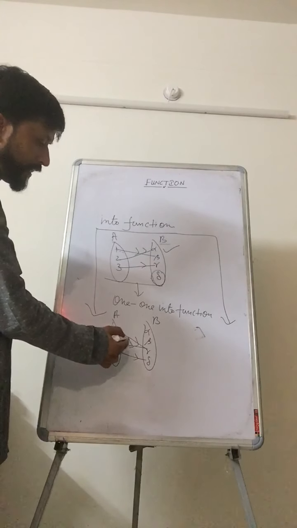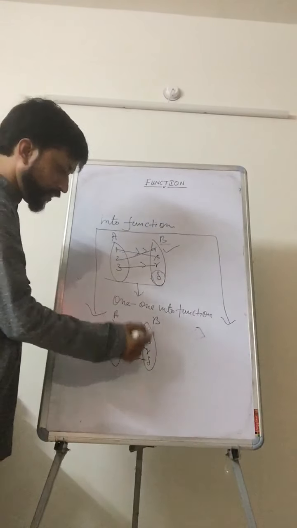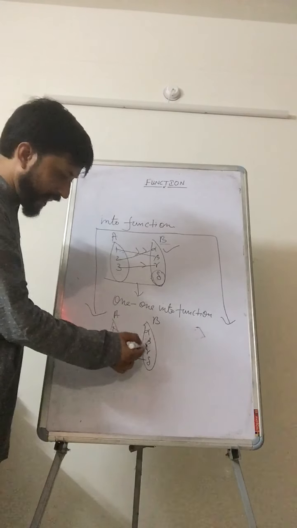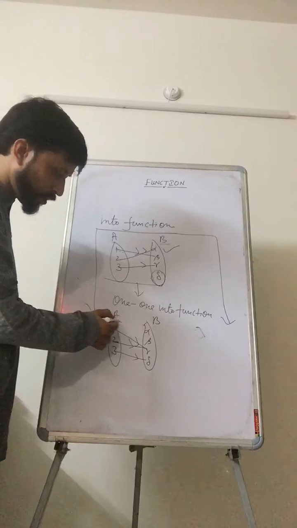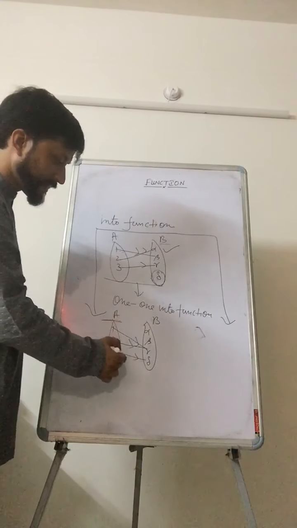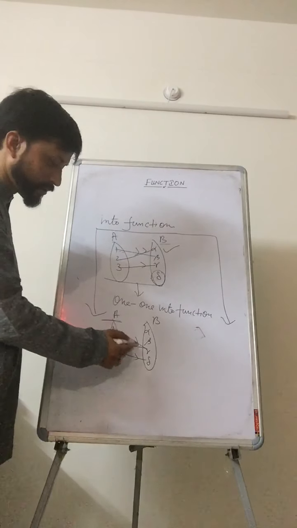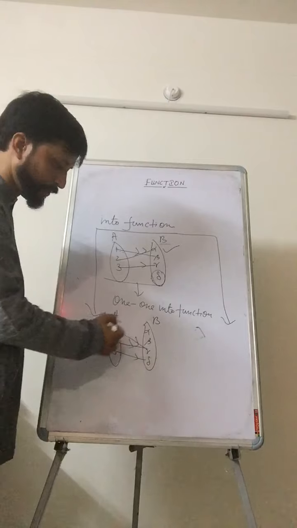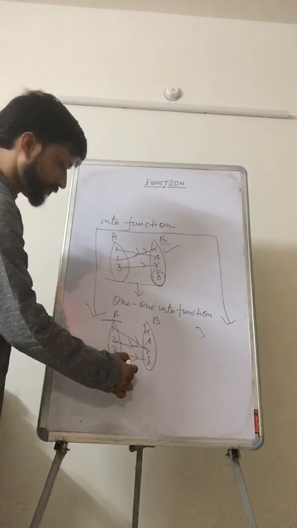It is a function, there is no doubt. Now there are two elements which are not linked with any element of the domain, that is set A. So this function is called many one into. Many one because this is a many one function as well as it is an into function. So this function is called many one into function.